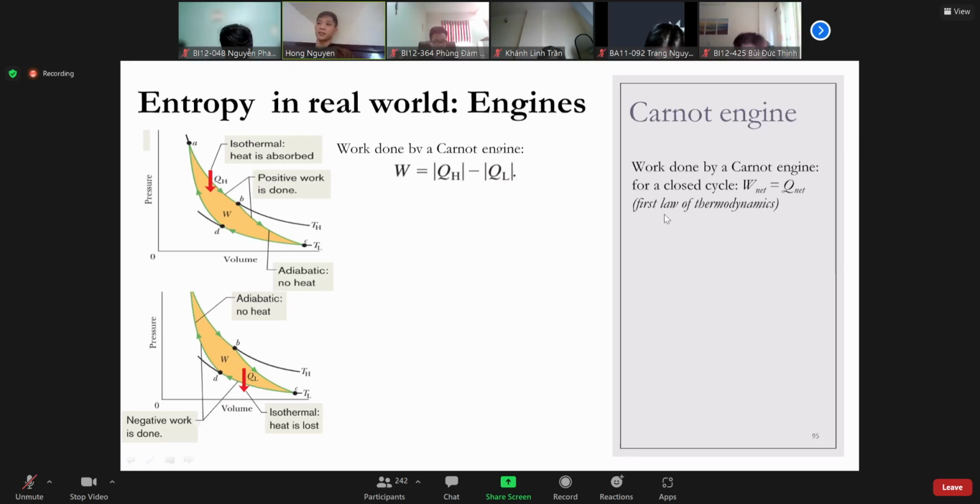This is the first law, and we apply it to our Carnot engine for a closed cycle. Then the work can be written as this one. This is the work done for the Carnot cycle, right? Because we received the heat here, we lost the heat here, so the net work equals the net heat, and this should be this one.